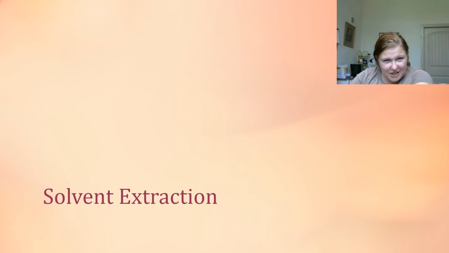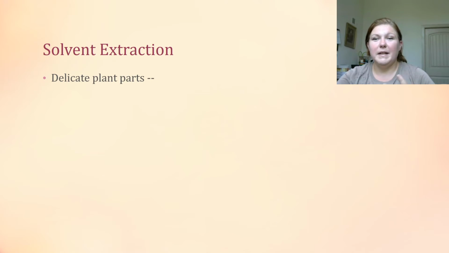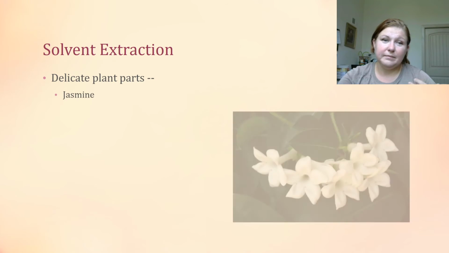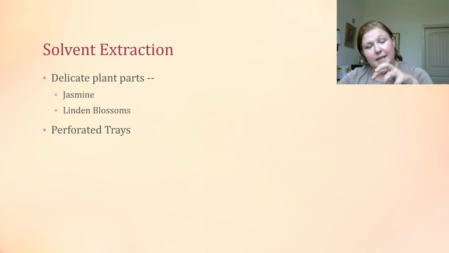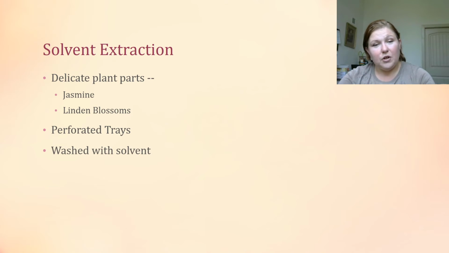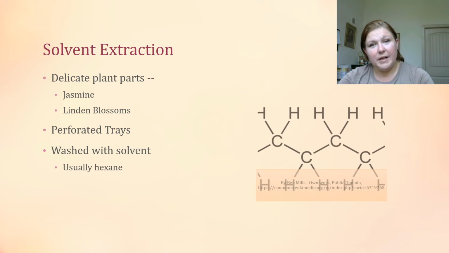Solvent extraction. This is a method that is commonly used for very delicate plants such as jasmine or lindens. The flowers are placed onto perforated trays, and these are washed with a solvent, which is usually hexane.